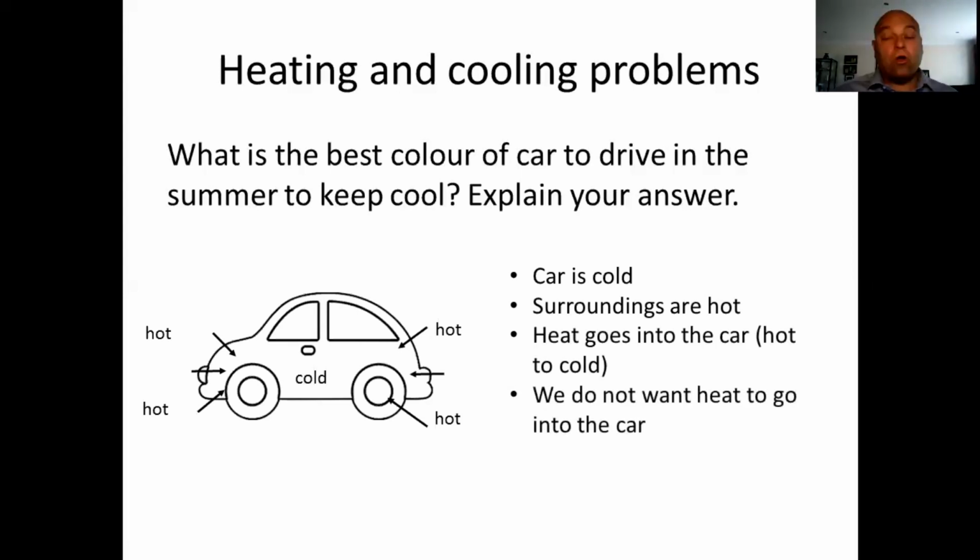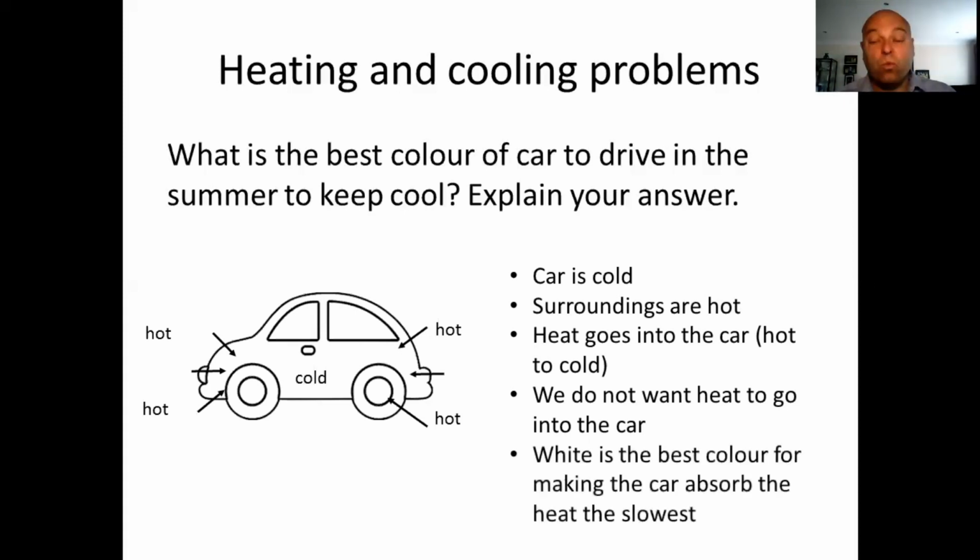You don't actually want the heat to go into the car. The whole thing about this problem is you want it to stay cold inside the car, a lot more comfortable than being really hot, baking hot inside. And the best colour to reduce the amount of absorbing of heat energy is white. So white is the best colour. You got that right? Well done.